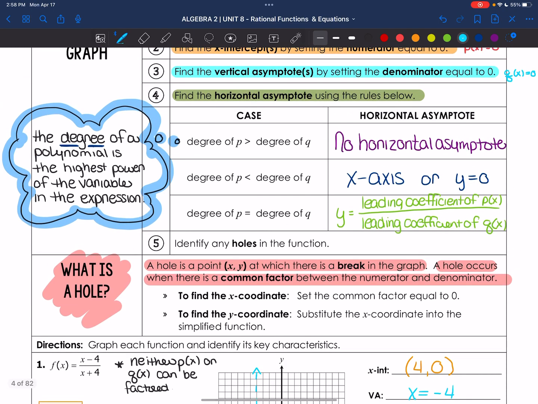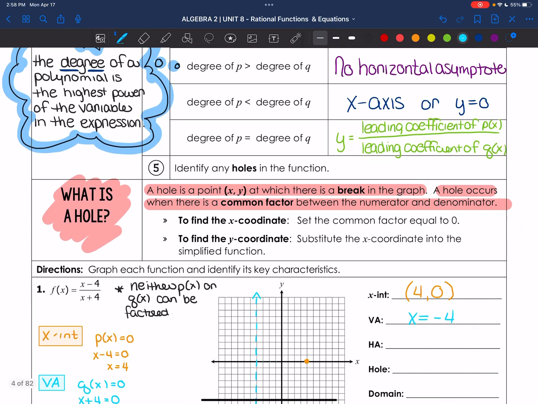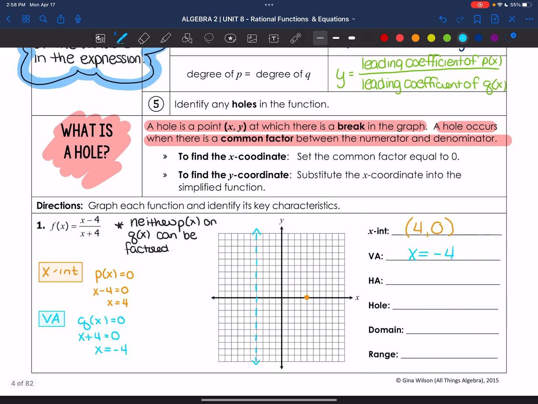Okay, then we are ready to move on and find our horizontal asymptote using the rules. We need to know about the degree of both the numerator and our denominator. So let's think about that together. Let's think about our horizontal asymptote.